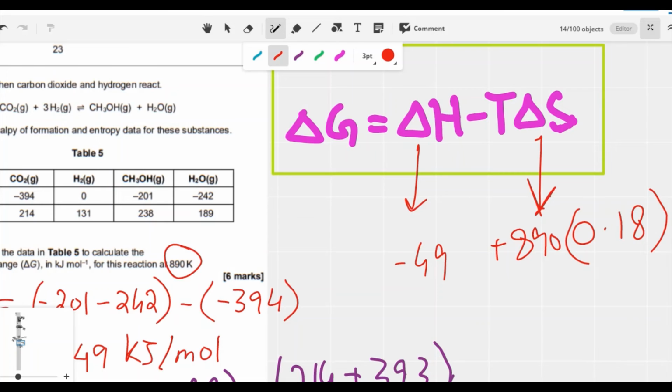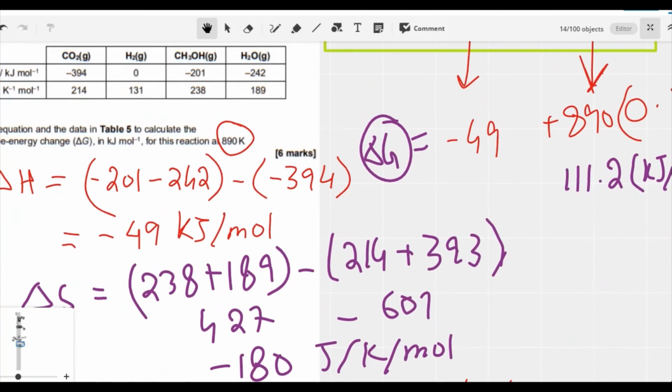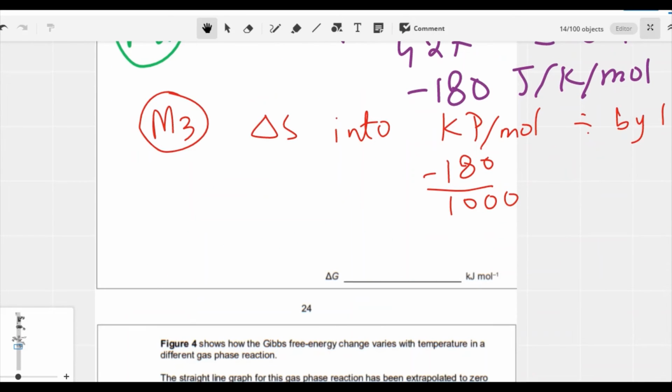When you solve this, then del G is equal to how much? 111.2 kilojoule per mole. So it means the answer is 111.2, and the unit is already given here.